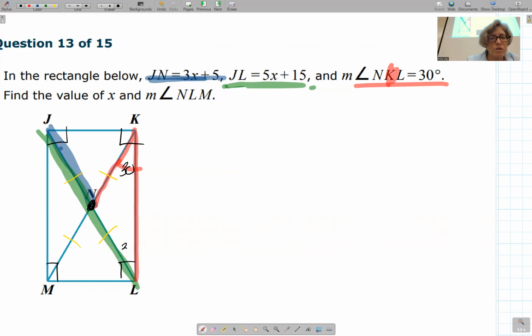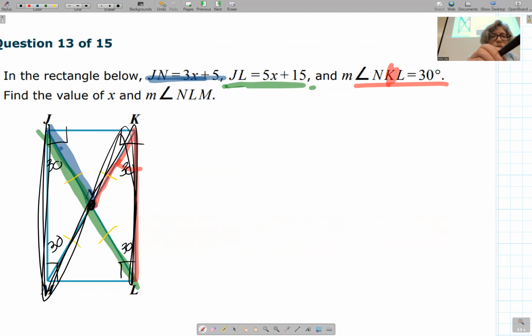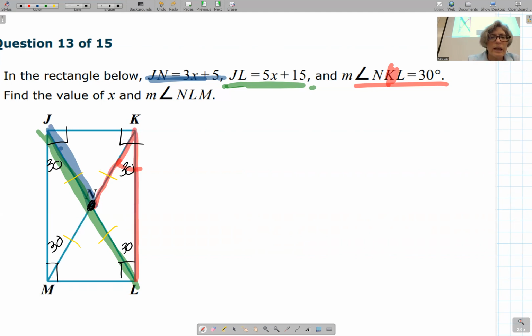If that's 30, this is 30. Armpits of the Z, that's going to be 30 there and 30 here. And then the 90, take it away, and you're going to end up with, of course, 60 and 60. Armpits of the Z again, going that way. 60 and 60.